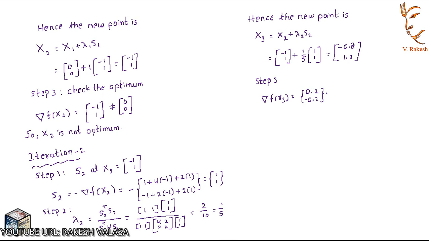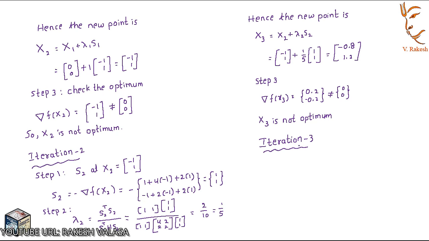These values are not equal to 0, so x3 is not optimum. Let us move to iteration 3.